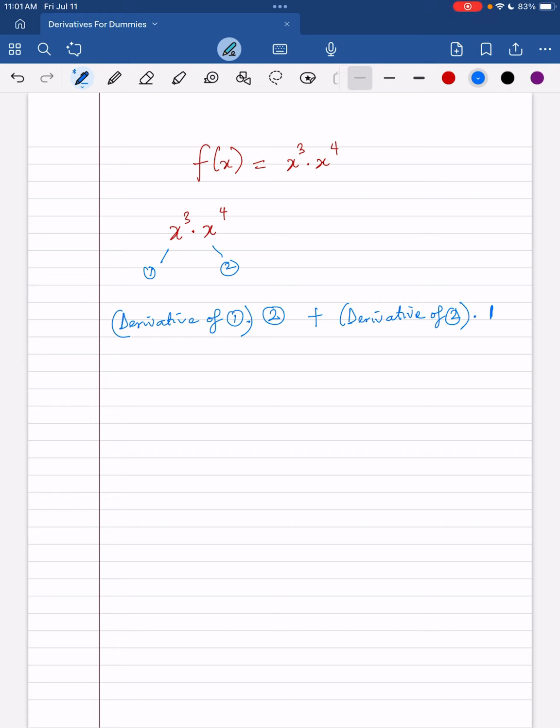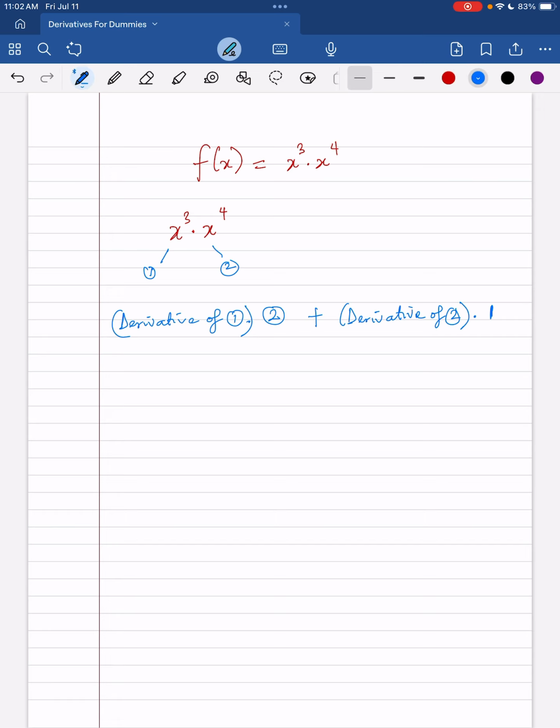Split the very big expression into two smaller expressions, then use this formula. Maybe you can just name them part 1 and 2. So find the derivative of 1, multiply it by 2, then add it to the derivative of 2 and multiply it by 1.